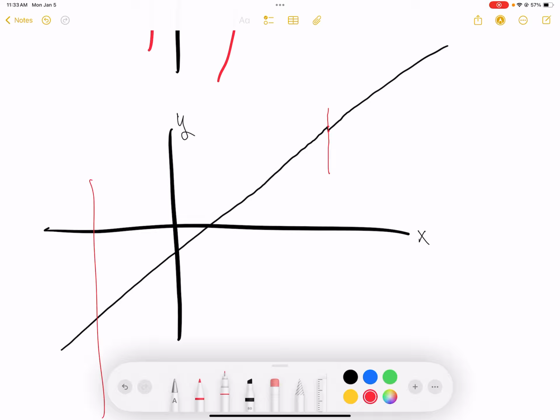This whole thing is not a function because of that one little vertical line test fail here. Everywhere else, the vertical line test would pass, but in this one little spot, it fails. And all you need is one failure point for this whole graph to not be a function. So this is not a function.